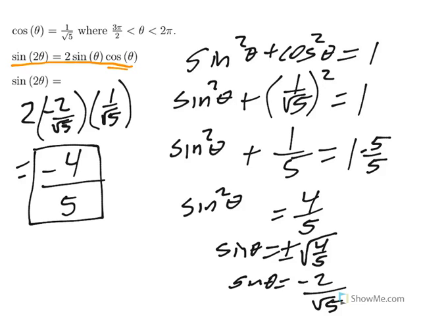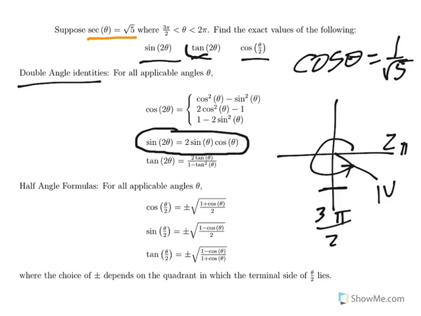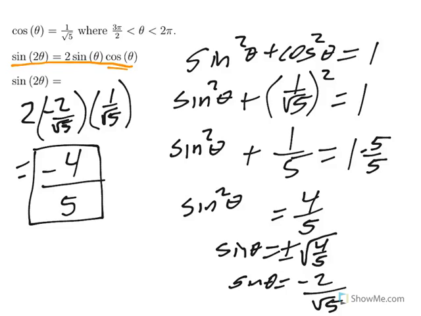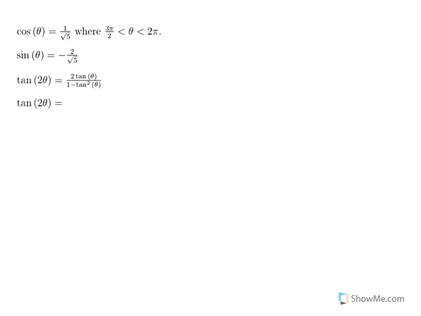Done. The next one we're looking at is tangent of 2 theta. That's going to use this identity. I know cosine, I know sine, but I need tangent in order to use this identity. So before I go much further, let me figure out what the tangent of theta is.